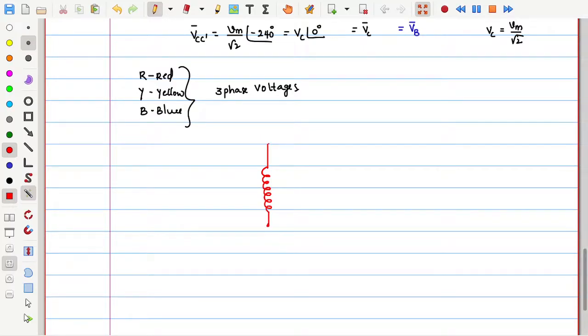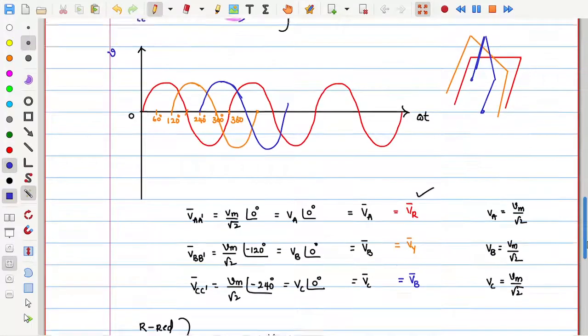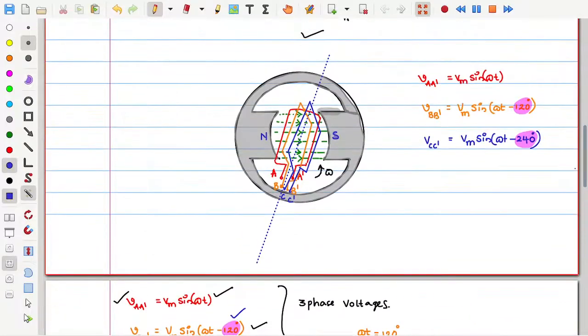R means the red phase coil, which is equivalent to A dash. Let me directly jump into the color coded notation as R dash, for red color. You can use A dash equivalently, whatever I had shown, A dash, B dash, C dash.